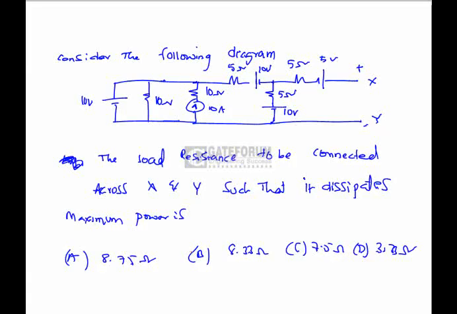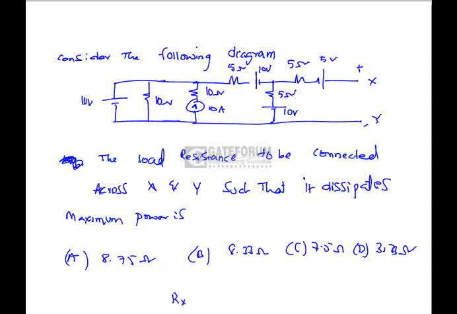Consider the following diagram. Find the load resistance to be connected across X and Y such that it dissipates maximum power. In order to find what resistance we need to connect across XY to transfer the maximum power to that load, we have to convert the entire circuit into its Thevenin equivalent. If we find the Thevenin resistance, then we will know what resistance to connect across XY.